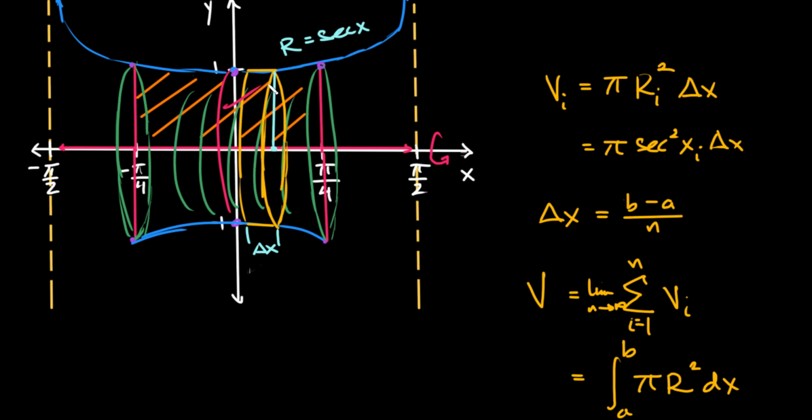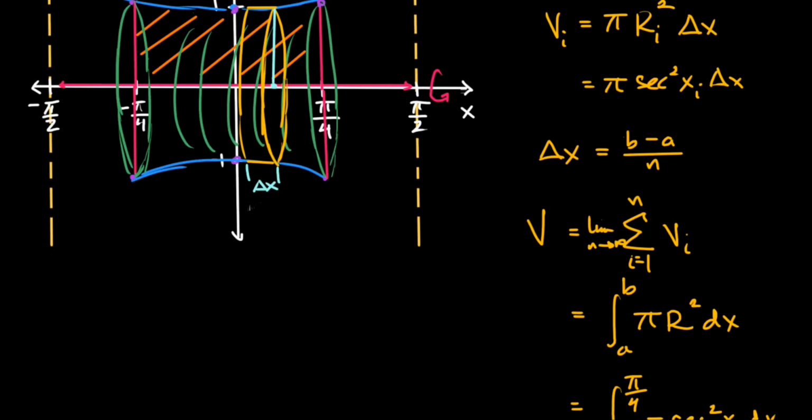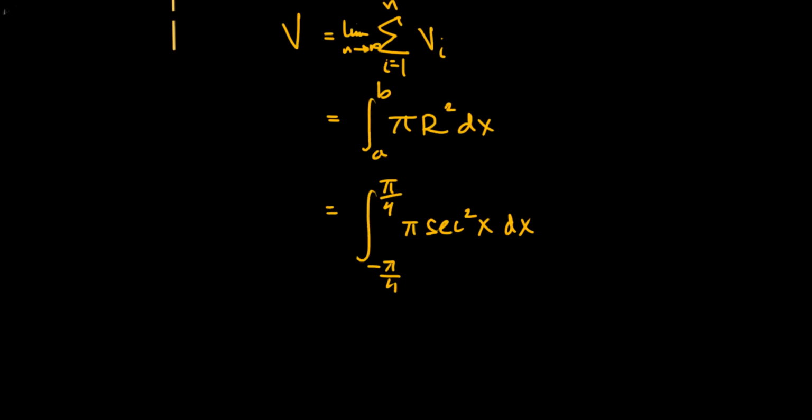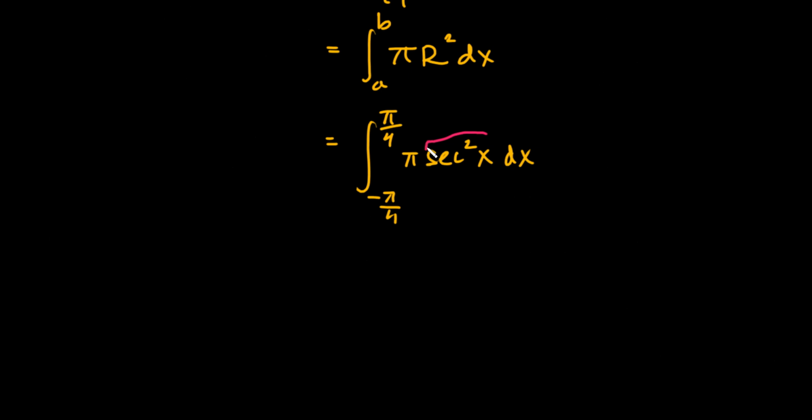Getting the volume of half of that would be equivalent to taking your lower boundary to be 0, so from 0 to pi over 4. And this is always something you could do if you have an even function, and secant of x is an even function, and so secant squared of x is also an even function. Whenever you have an even function, you can do this nice trick.